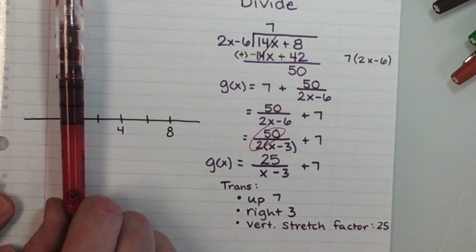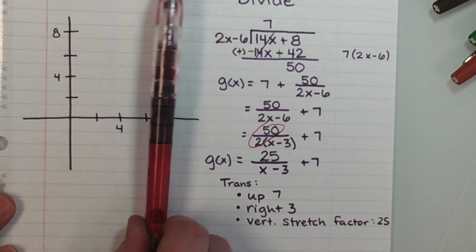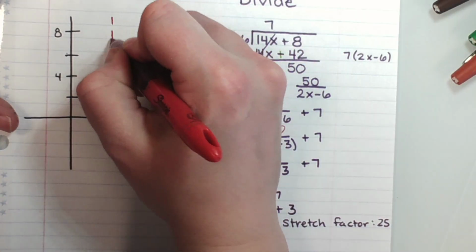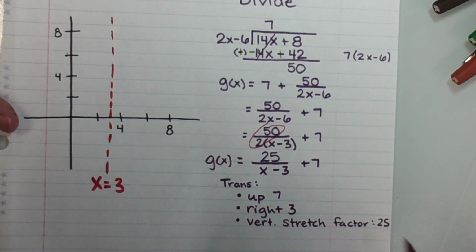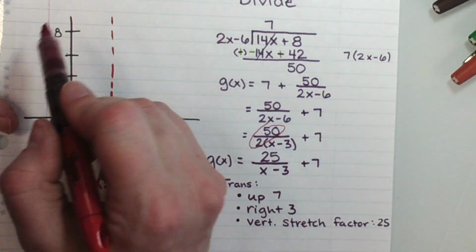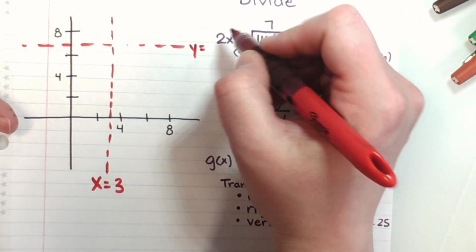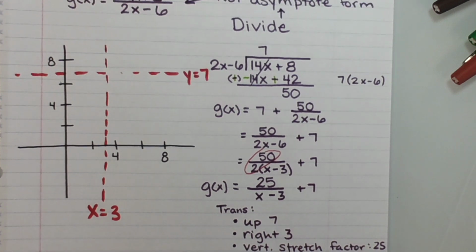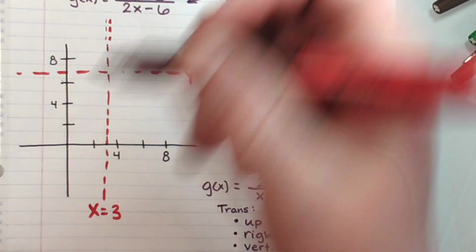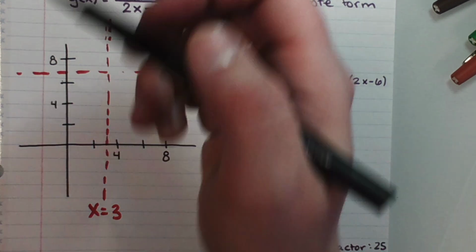Am I going to notice it moving up or down or left and right? Left and right. Right 3. X equals 3. Which means the horizontal I'm going to notice moving up. Y equals 7. Make sure you give yourself enough room to actually see where your graph is happening.